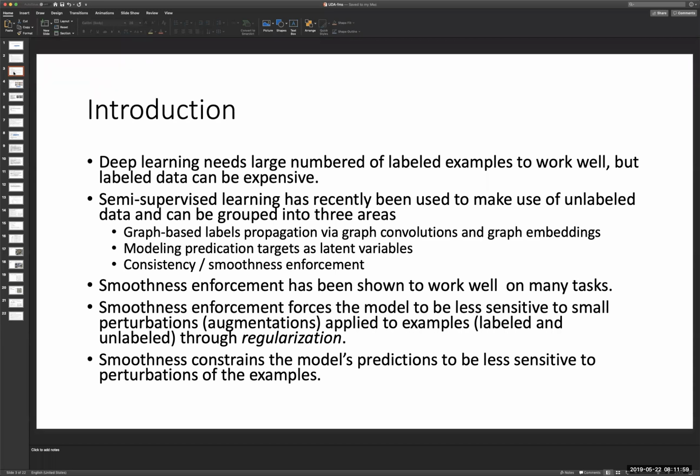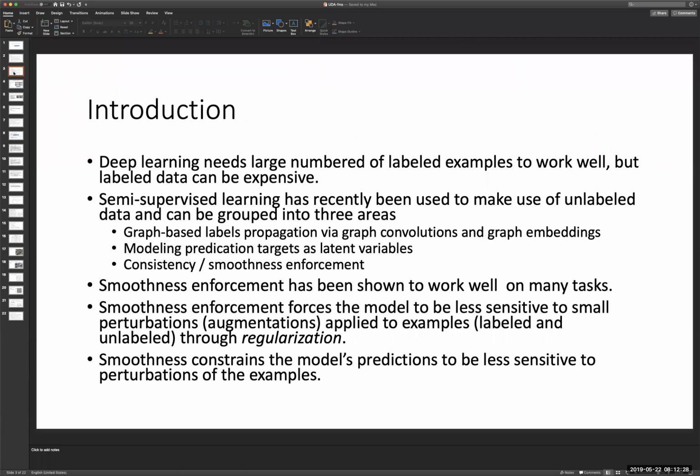Smoothness enforcement forces the model to be less sensitive to small perturbations applied to examples through regularization. So the term perturbation is used in this paper, and it's a very general term, and augmentation is perhaps a more specific aspect of perturbation. It has a slightly different meaning, which we'll talk about.